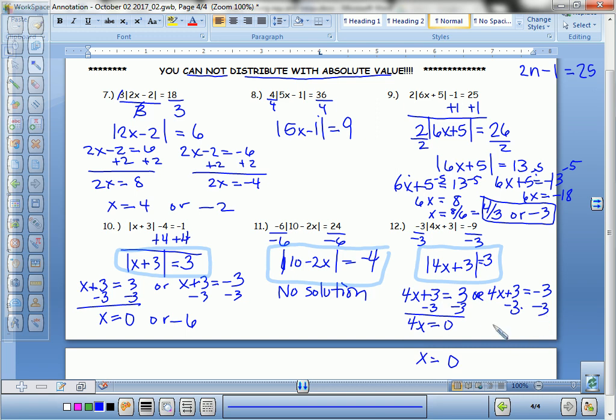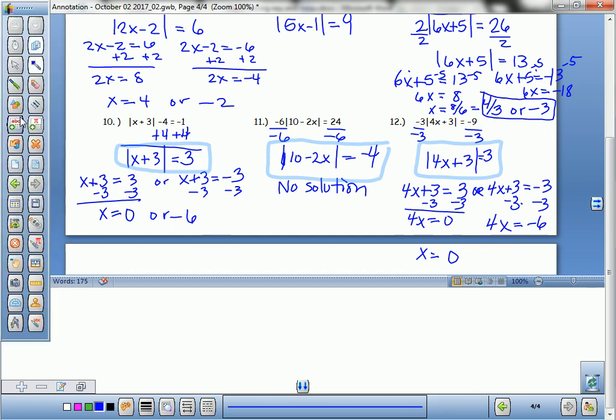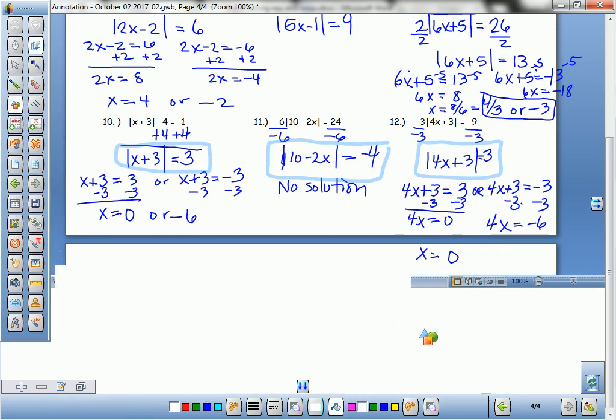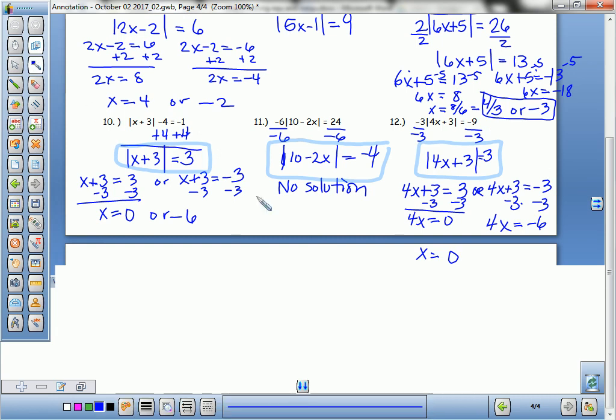I get 4x equals negative 6. So when I divide, I get x equals negative 6/4, and 2 goes into both of those. So my answers are 0 or negative 3/2 because 2 goes into both of those.